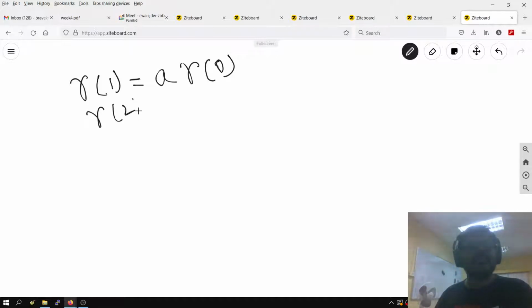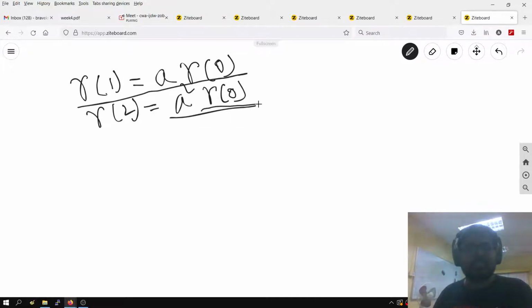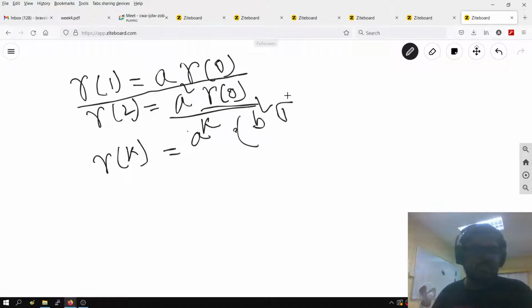Similarly, gamma of 2 equals a square times gamma of 0. So all these equations depend on gamma 0. So gamma of k will be a to the power k, and the factor is gamma of 0. I am putting the value of gamma of 0, which is b square sigma w square by 1 minus a square.